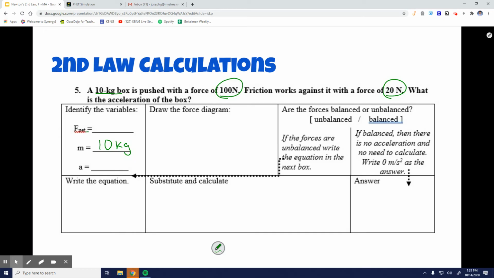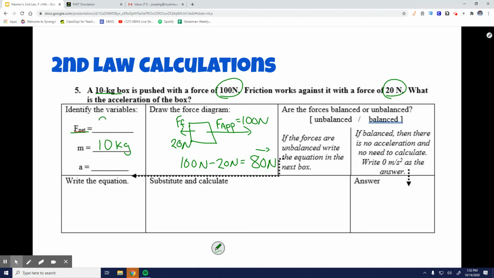To find our net force that is going to impact this problem, we need to use our force diagram. I know that our force applied is equal to 100 newtons, and I know that my force of friction is equal to 20 newtons. 100 newtons to the right minus 20 newtons to the left is going to equal 80 newtons in this direction.